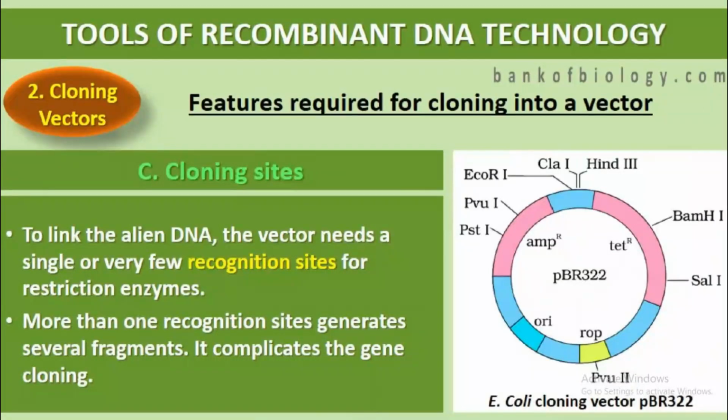Then the third feature required for cloning into a vector is the cloning site. To link the foreign DNA, the vector needs a single or very few recognition sites for restriction enzyme. They are otherwise known as cloning sites or recognition sites. More than one recognition site generates several fragments. It complicates gene cloning.